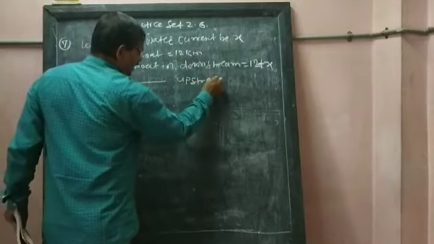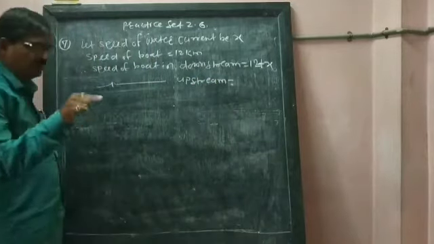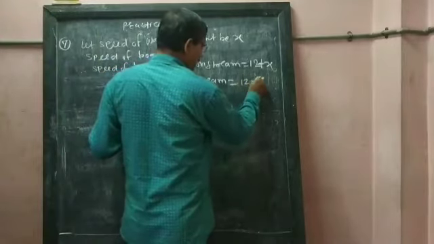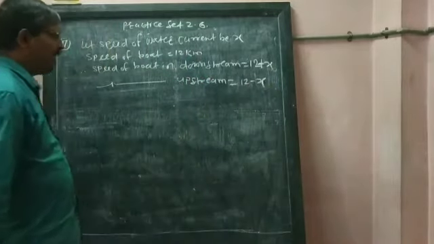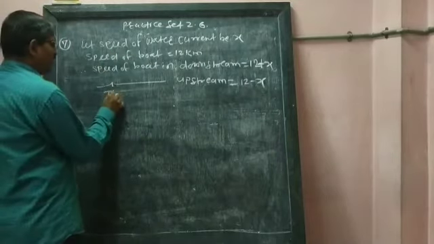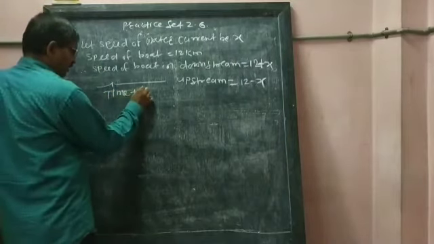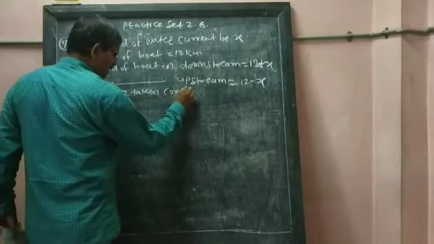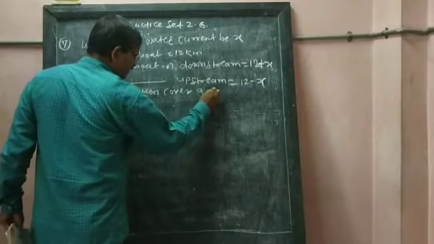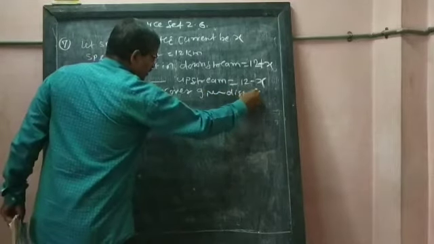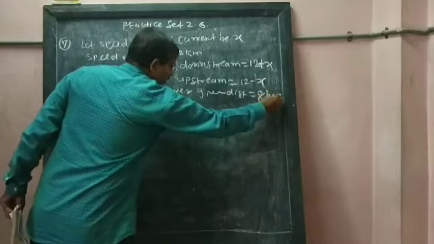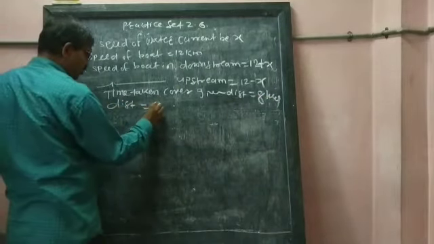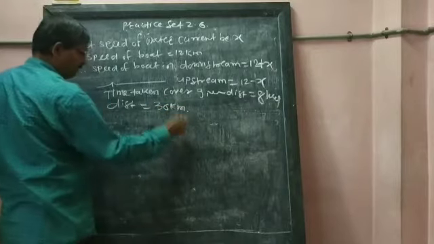Upstream means the boat has to overcome the speed of the water current, so 12 minus x will come. And total time taken to cover the given distance is equal to 8 hours. And what is the distance given? Check it. Distance is equal to 36 kilometers.